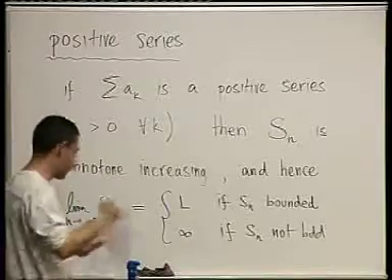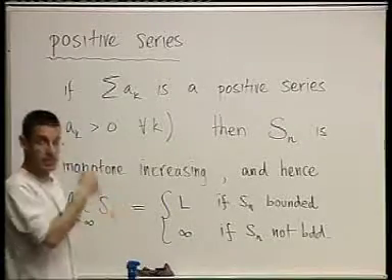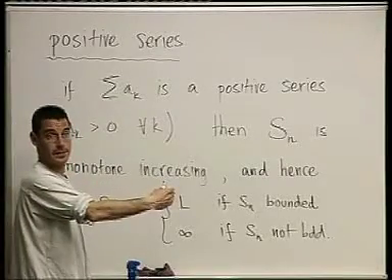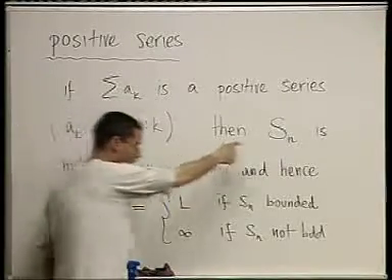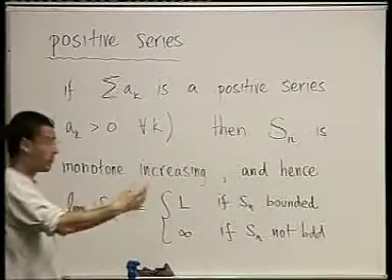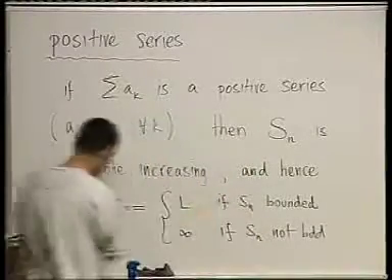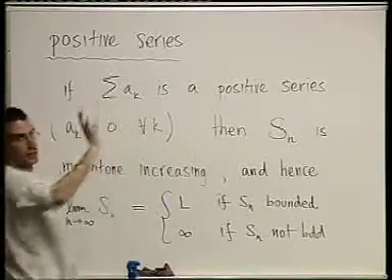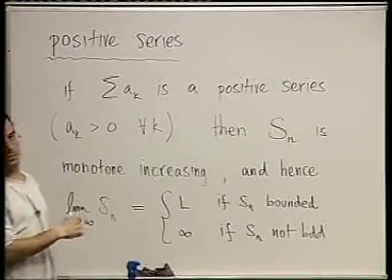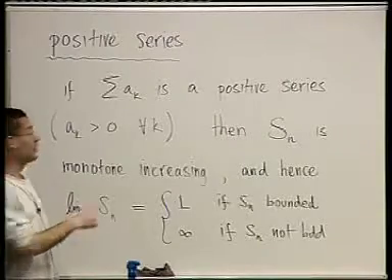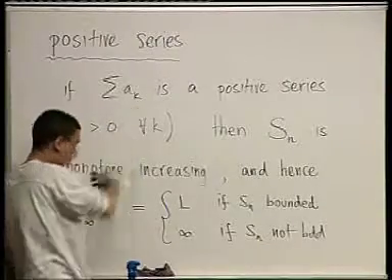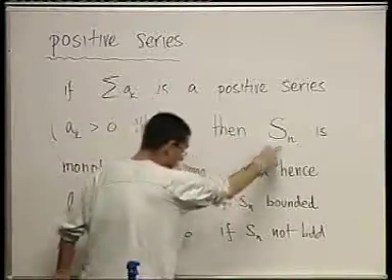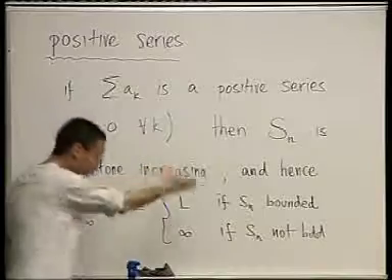Okay, I can see you're still not there. Sn is the sum of the first n elements. In order for this sequence to be bounded, which is if and only if it converges, the ANs have to go to 0. That was the previous theorem. If the ANs don't go to 0, you're adding something every time. The Sns are going to get bigger and bigger, and they're not bounded.